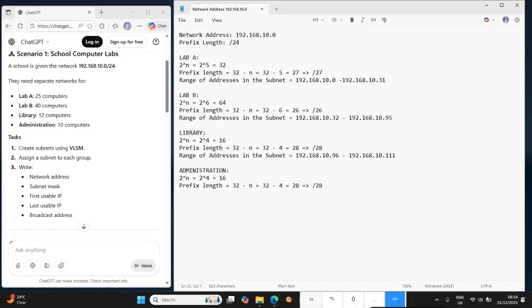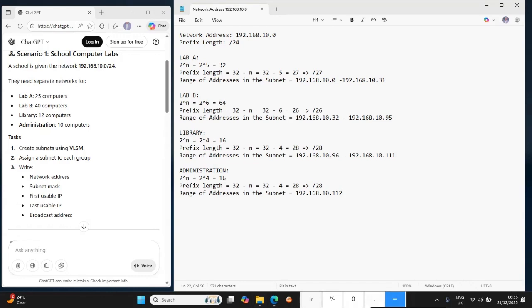So for the range of addresses in the subnet, it is 192.168.10. It will start from 112 plus 16.